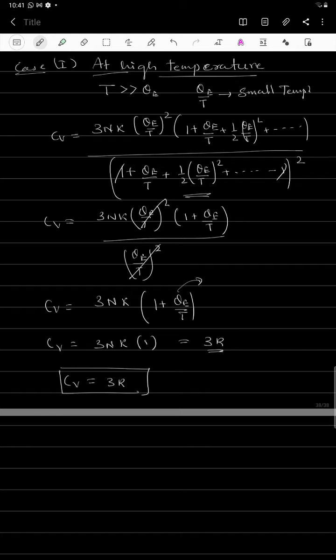Whatever Dulong and Petit explained is similar in Einstein's expression, and he also got that at higher temperature the specific heat capacity of solids is constant up to the melting point, and after the melting point the specific heat capacity increases.